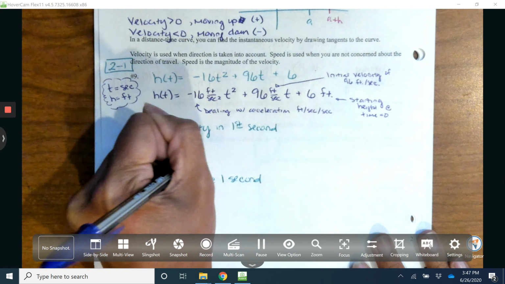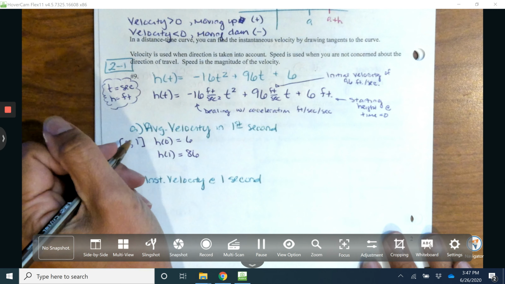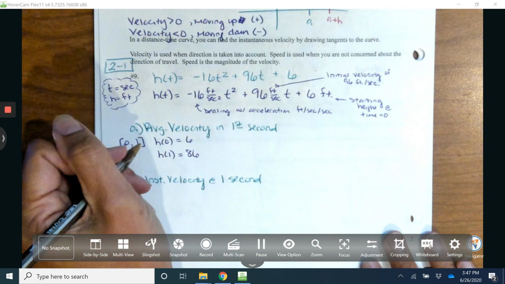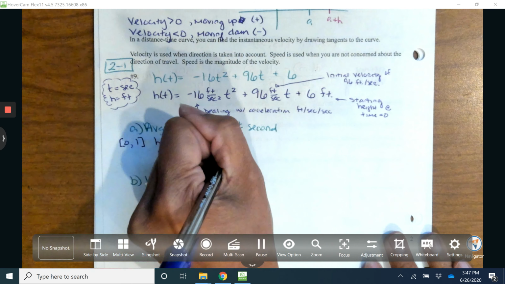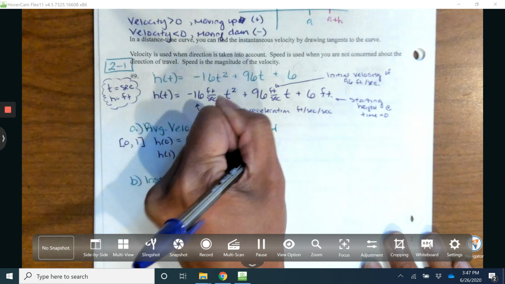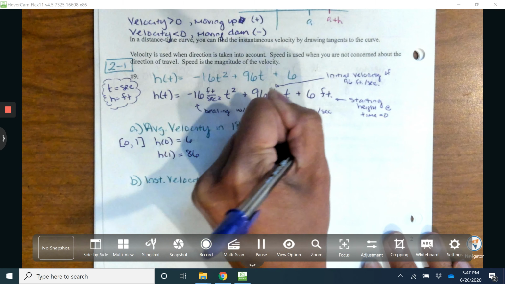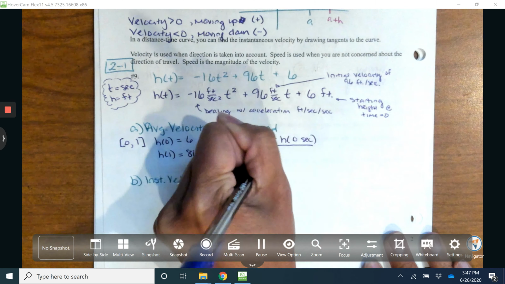So if I want to find the average velocity, remember that's going to be the slope between those 2 points, the beginning and the end. So I'm going to take the h at 1 second minus the h of 0 seconds over 1 second minus 0 seconds.